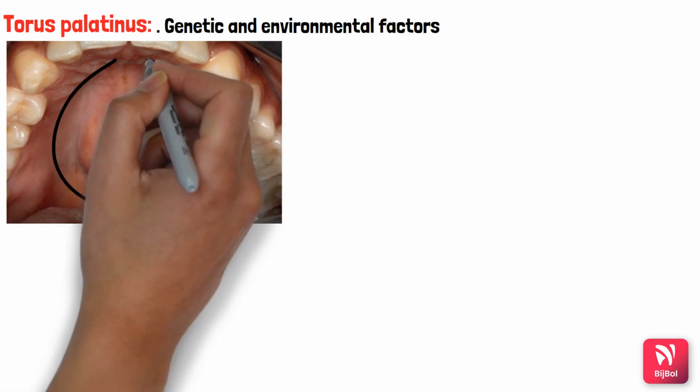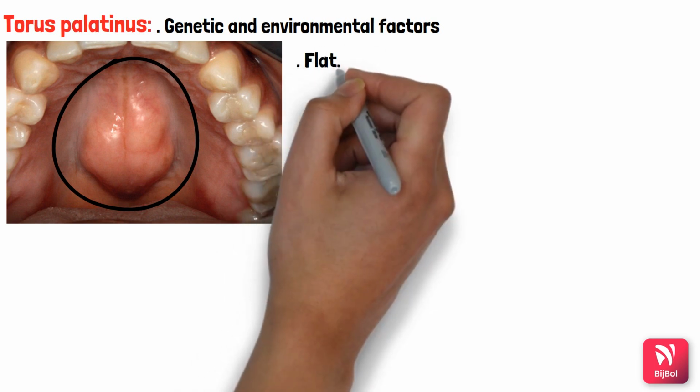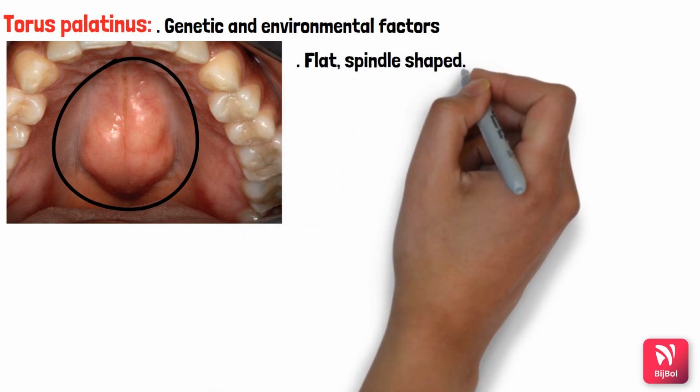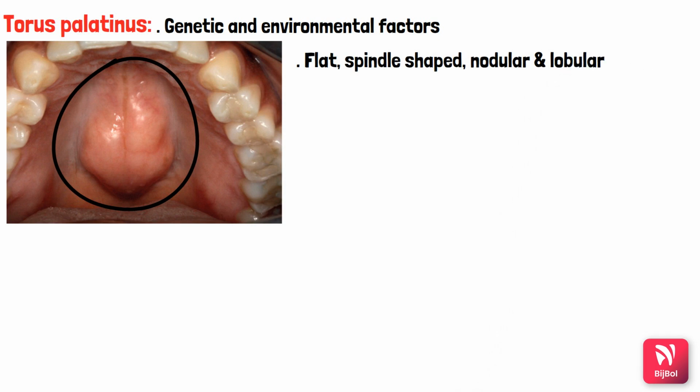As you can see here, torus palatinus presents as a bony hard mass in the midline of the hard palate. Depending upon the shape of the lesion, it can be flat, spindle shaped, nodular, or lobular also. So these are different shapes of torus palatinus.